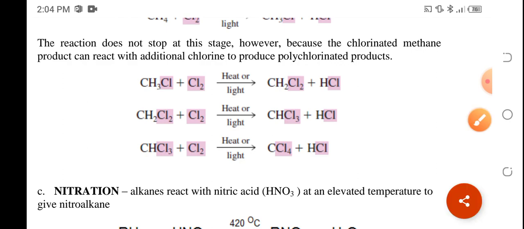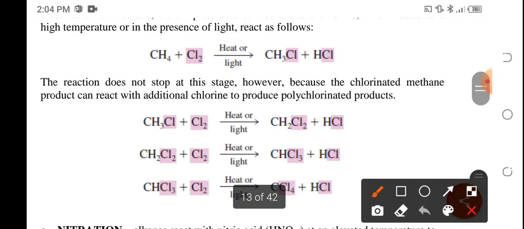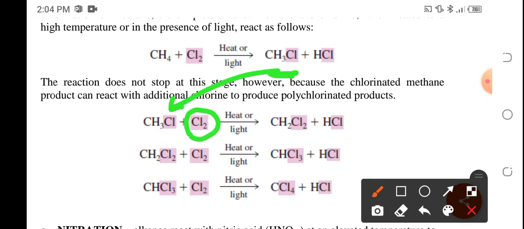So parang kanina, okay, so if the product of the first halogenation reaction is CH3Cl, so magpro-progress pa siya, magre-react pa siya with available chlorine atom to produce CH2Cl2. And still you have here HCl. And still progressing to another halogenation or the third halogenation reaction. So kanina product siya, tas magiging reactant siya dun sa next na halogenation reaction.